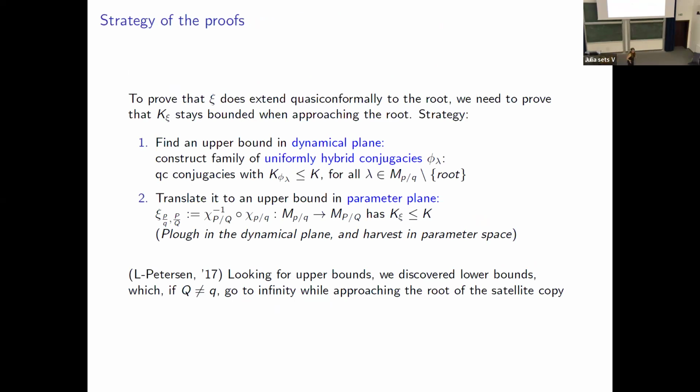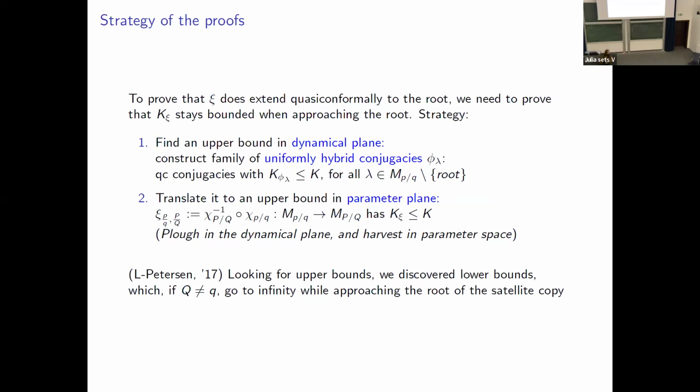This is what we want. So what's the idea? The idea is, as Douady and Hubbard, do things in the dynamical plane and pull back in the parameter plane.